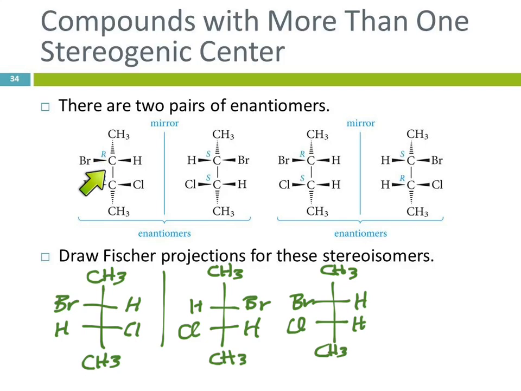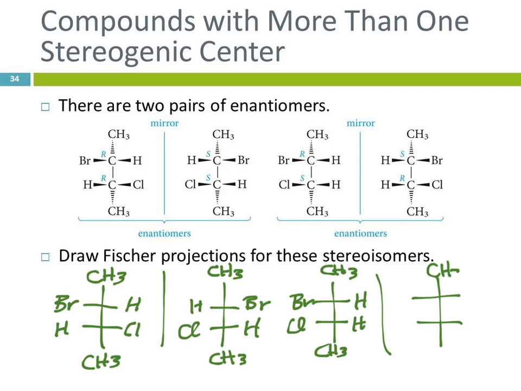So in this one, the top carbon here is R. So the bromine's on the left and the hydrogen's on the right. And over here, this carbon is also R. It's got the same order of groups around it. We're keeping the methyl groups top and bottom just so that they're all looking similar. We're looking at this in the same way.